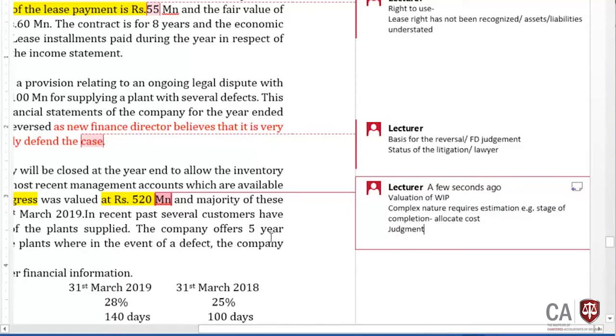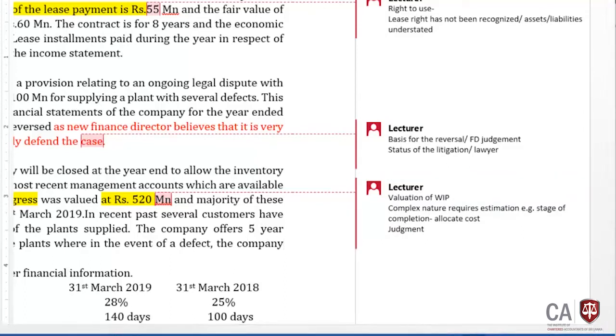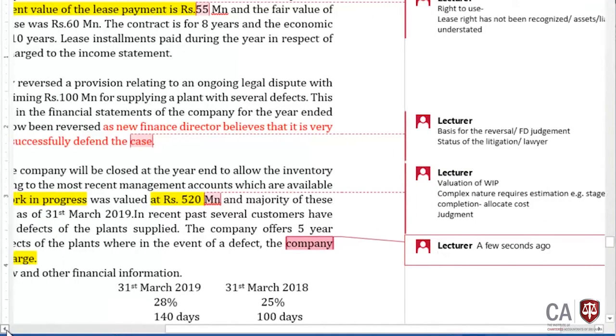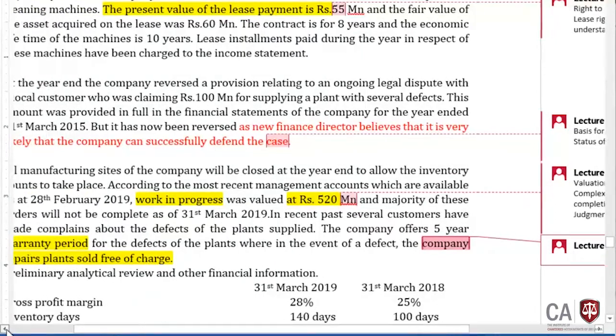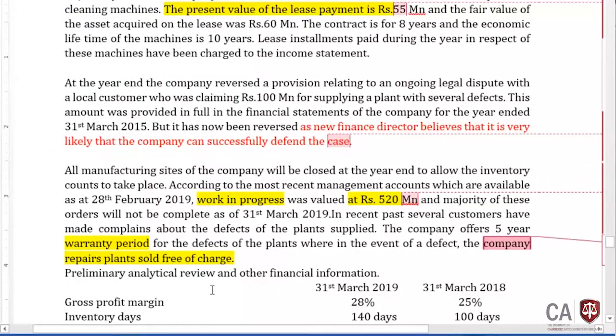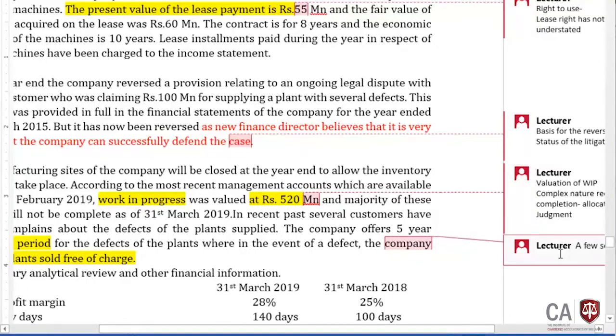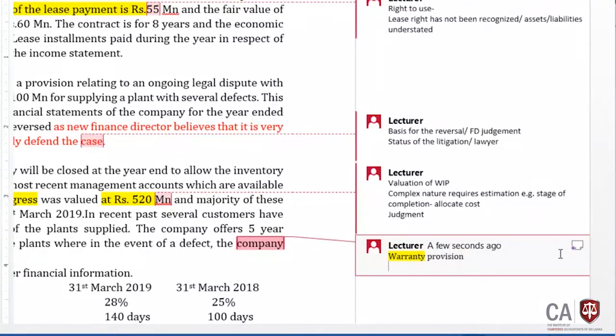Then the other issue that you can easily highlight is the warranty issue, right. So, what is the issue? What do you think is the concern here? Warranty is definitely going to be an issue. The reason is that, as I just mentioned, there is a standard called provision, right. We have to ask whether a provision is to be recognized in relation to warranty if there is a present obligation.